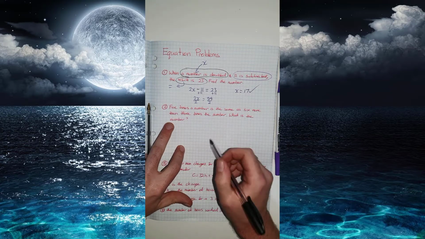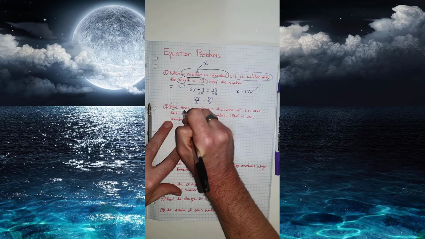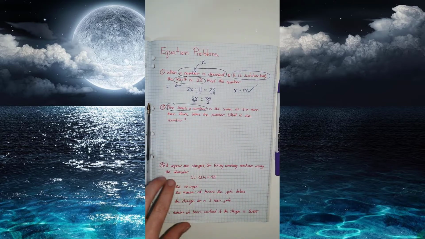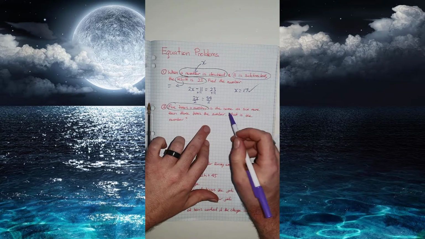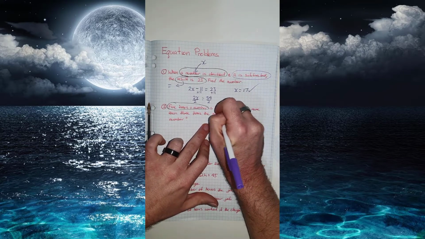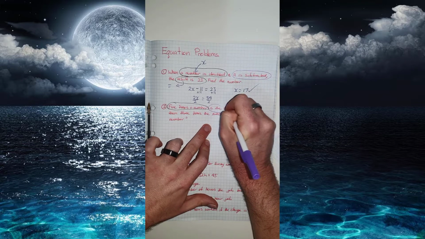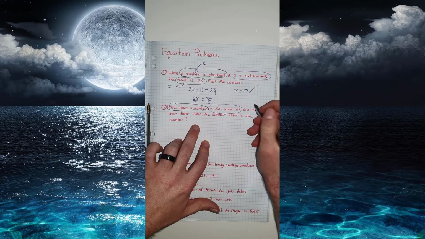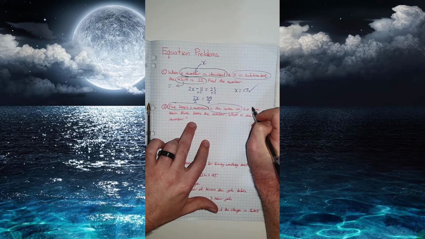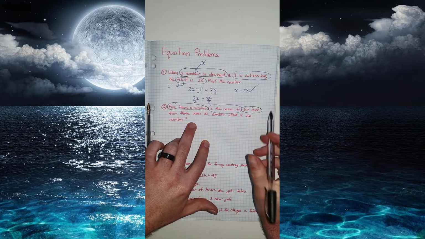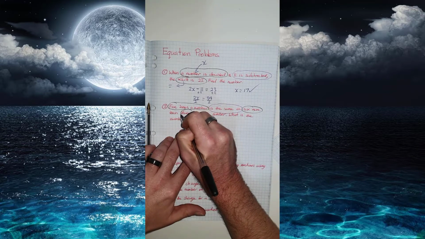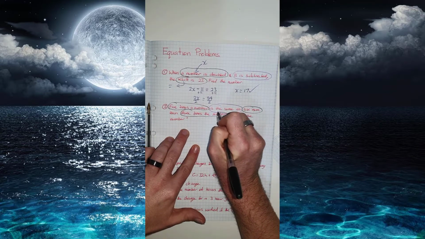So 5 times a number is obviously going to be our first key point. Now, is the same as is actually our next part. Then 6 more than 3 times the number.